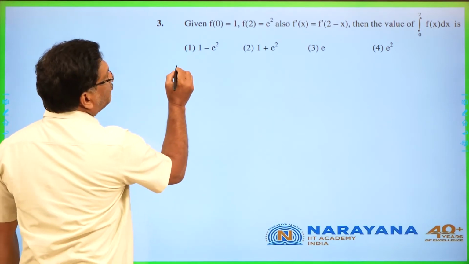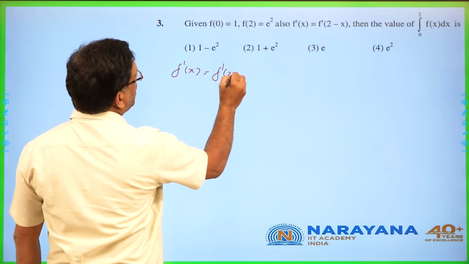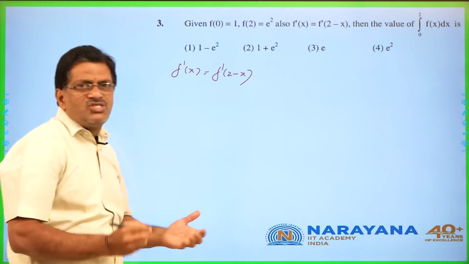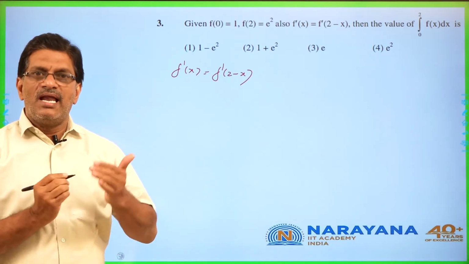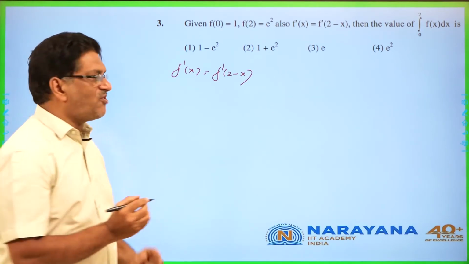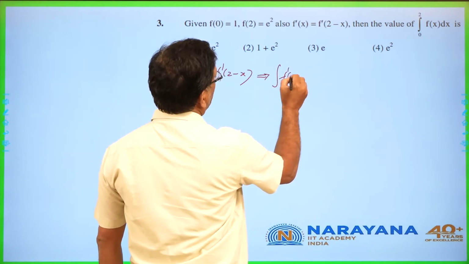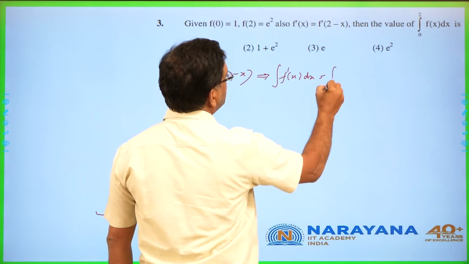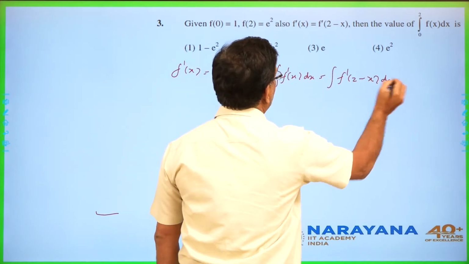So, f dash x is equal to f dash 2 minus x. Since derivative information is given, let us integrate to get the function. That implies integration of f dash x dx is equal to integration of f dash 2 minus x dx.